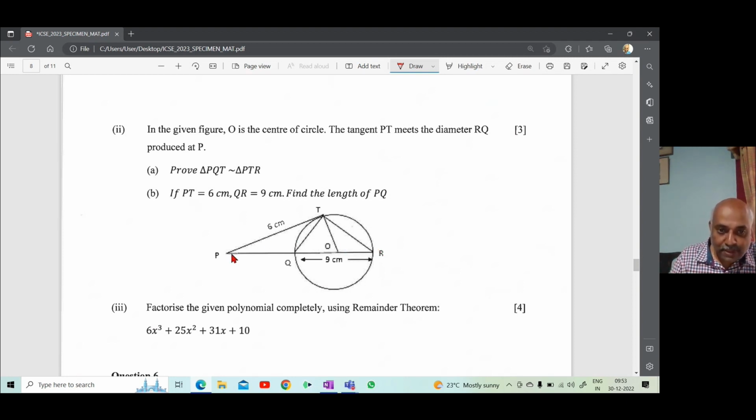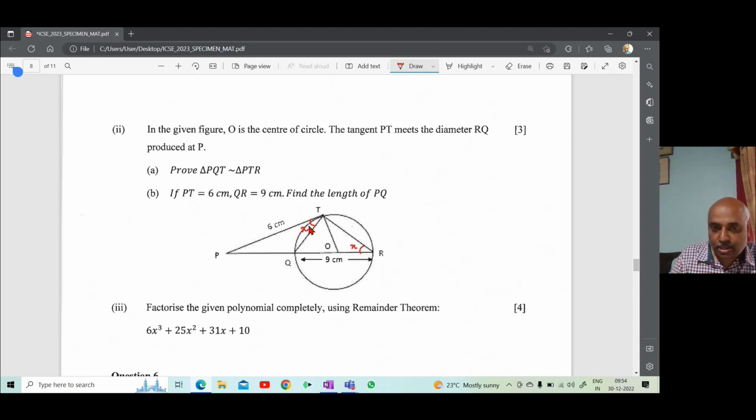They say that PT is the tangent, and TQ is a chord. So you know that the angle between the chord and the tangent will be equal to the angle in the alternate segment. So this is a circle. PT is the tangent. TQ is the chord.